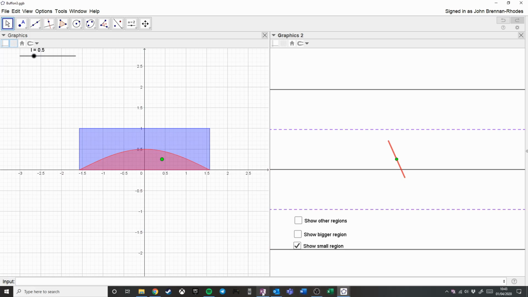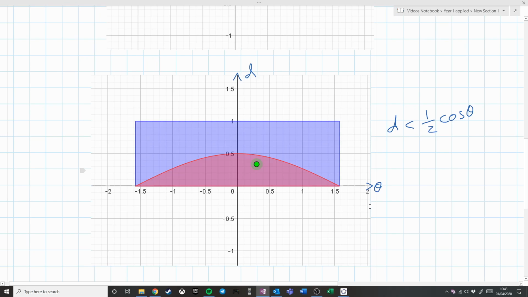Well, it's a half cos theta. And so you can see that the rectangle is pi wide, and it's 1 high. So the area of the rectangle is equal to pi.